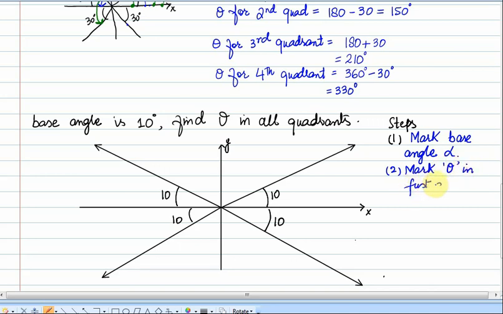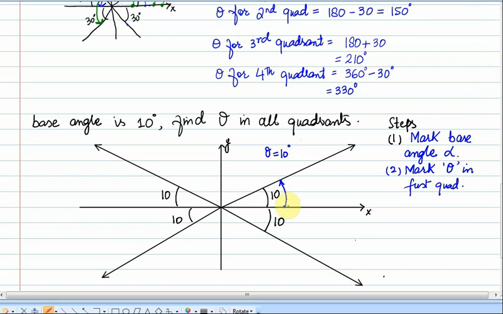Because I am starting with the first quadrant, I'll write that: mark theta in the first quadrant. You know that you always start from the positive x-axis in an anti-clockwise direction. So for the first quadrant, theta is equal to 10 degrees, right? Theta for the first quadrant.